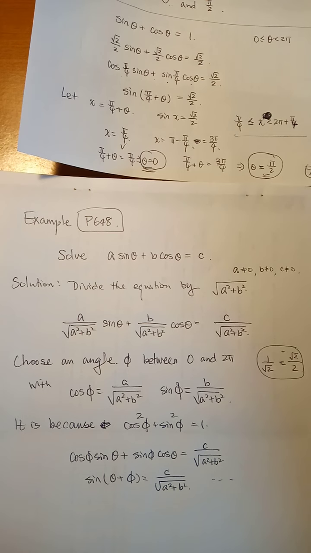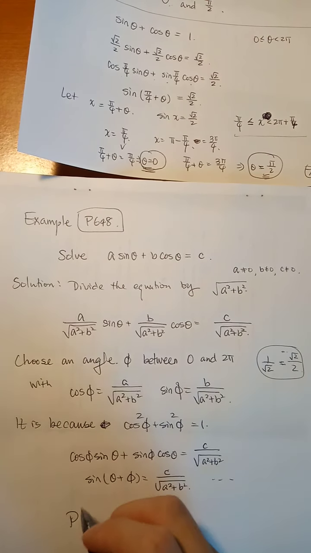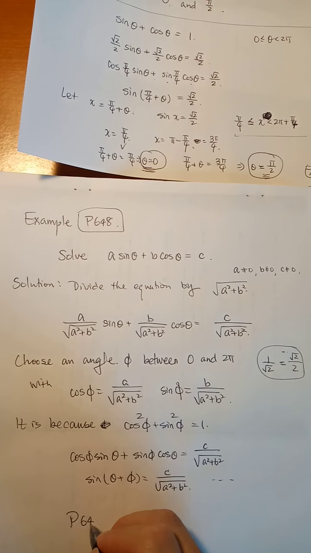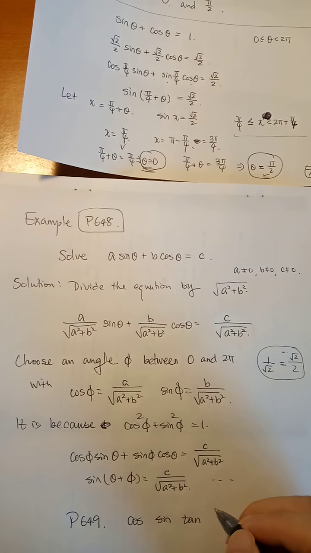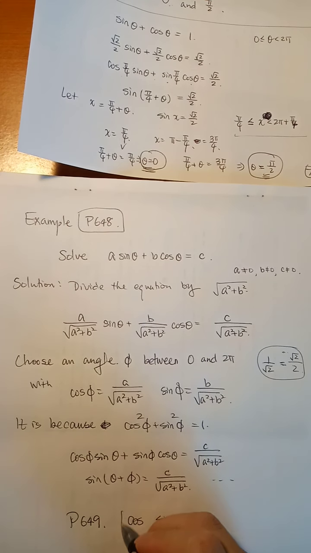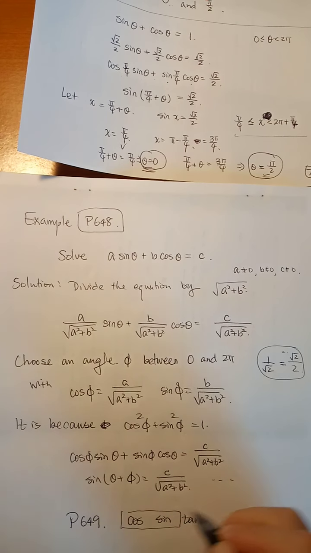Okay, so that's section 8.5. In section 8.5, we have the sum and difference formulas. They are all on page 649. There are cosine, sine, and tangent. We clearly require the sum and difference formulas for sine and cosine.